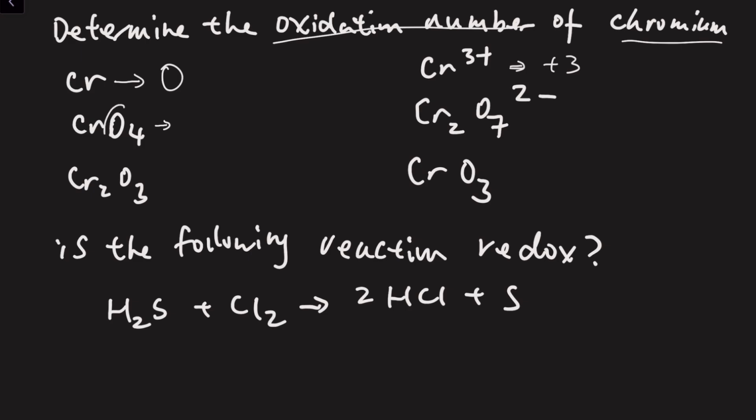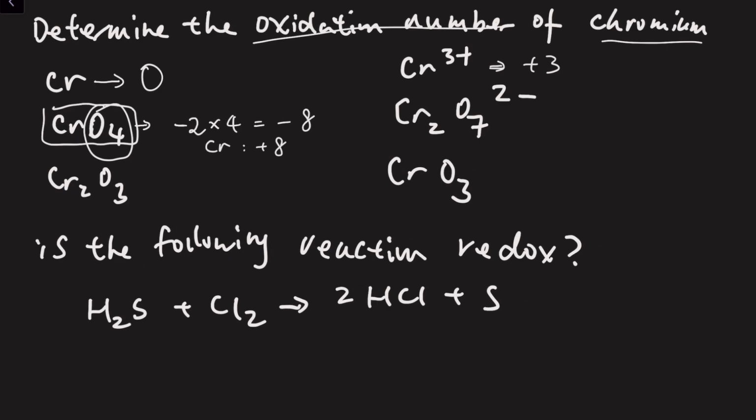If we look at the oxygen, we know the oxidation number is -2, because this is not a peroxide. -2 times 4 is -8. Since the overall charge is 0, the oxidation number for chromium must be +8.